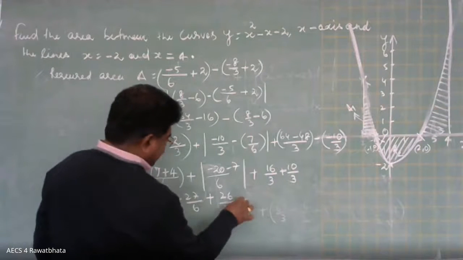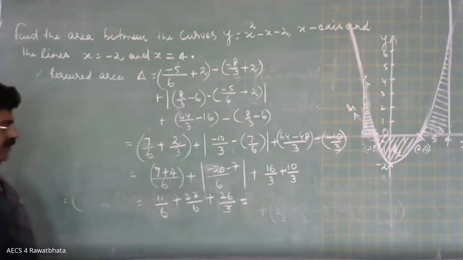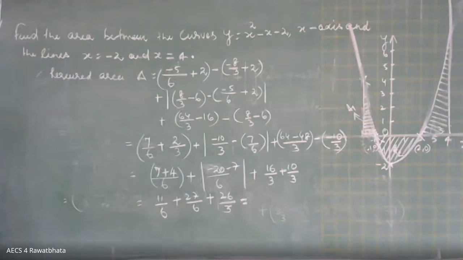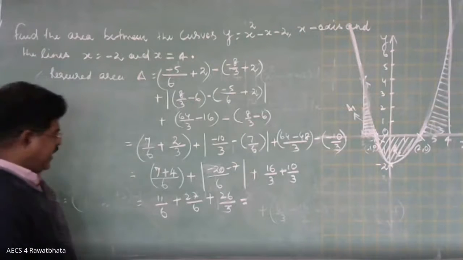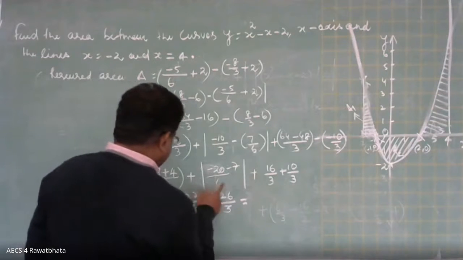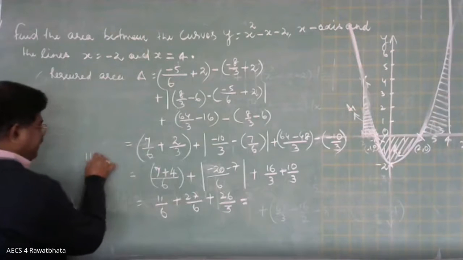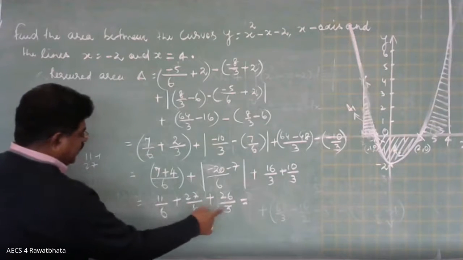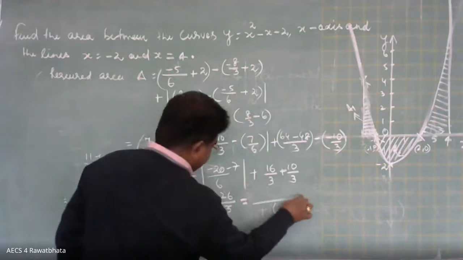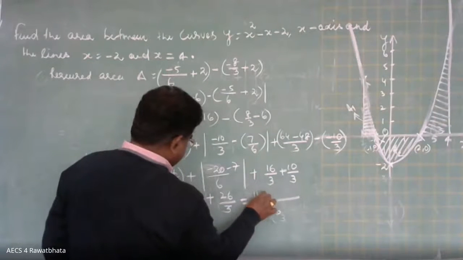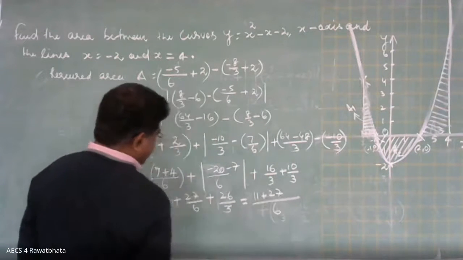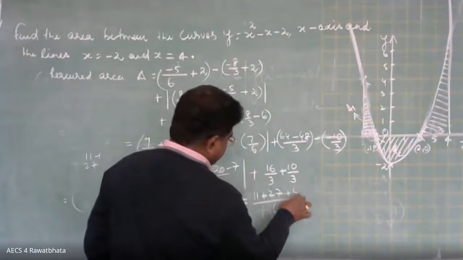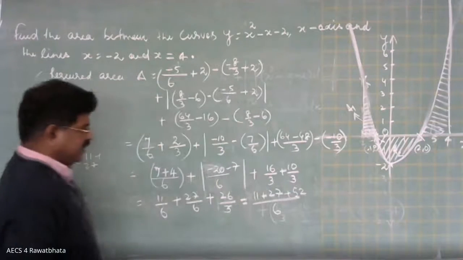So that is equal to, what is the total? 11 plus 27 plus 52, taking 6 as LCM.